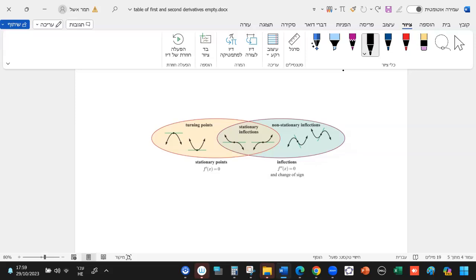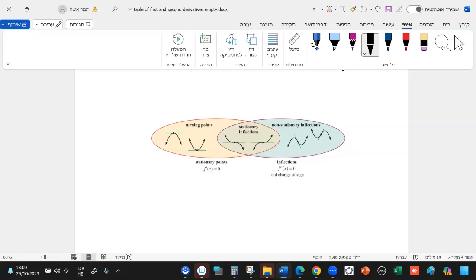That's turning points, where the direction changes. Increase becomes decrease, or decrease becomes increase. And stationary could also be inflection points, where the direction doesn't change, even though the gradient is 0. What changes here is the concavity. Concave up becomes concave down, or concave down becomes concave up.